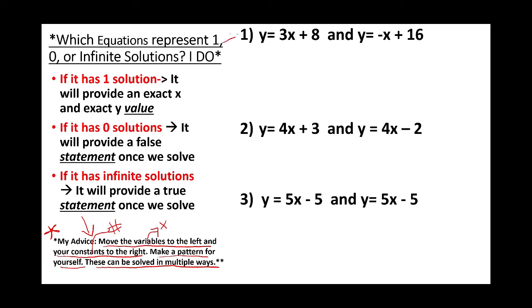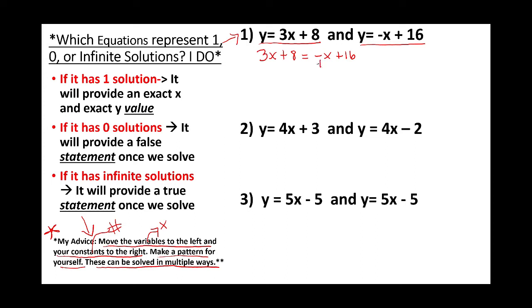For number 1, I have these 2 equations, y equals 3x plus 8 and y equals negative x plus 16. So I'm going to set them equal to each other. Now I'm going to try to move my variables to the left.